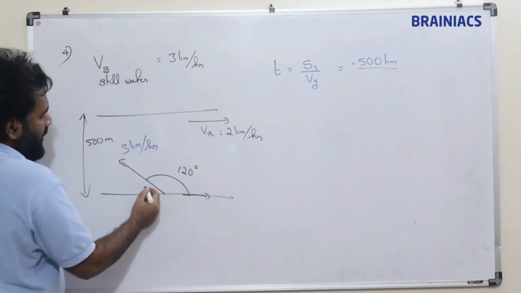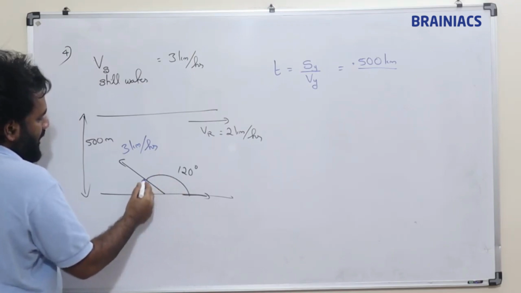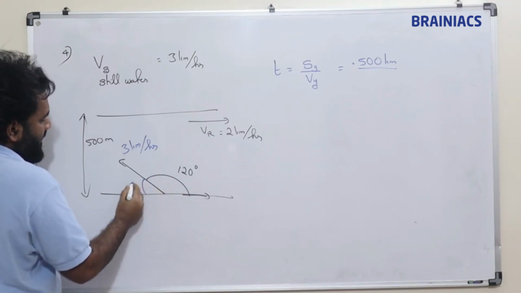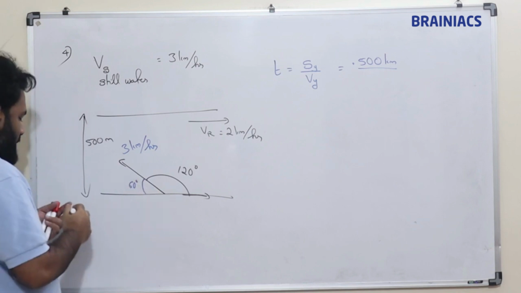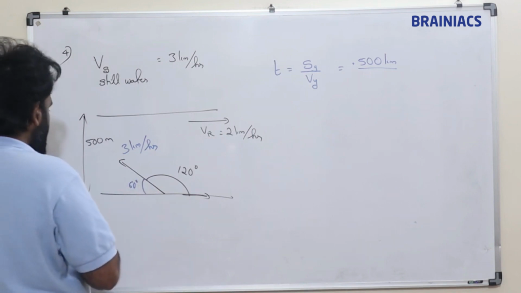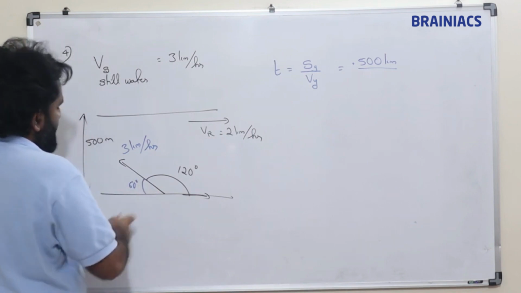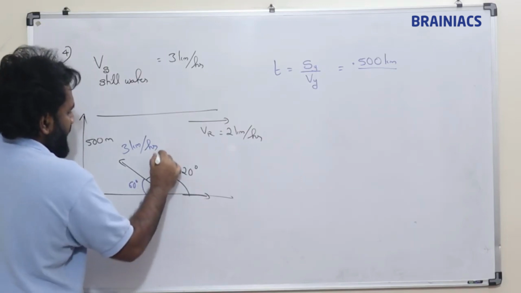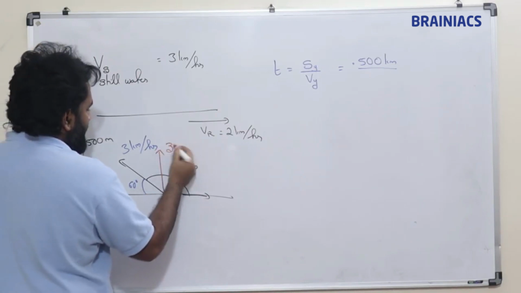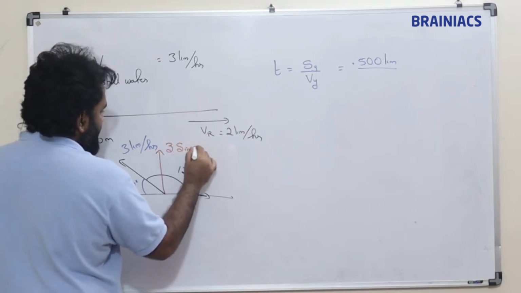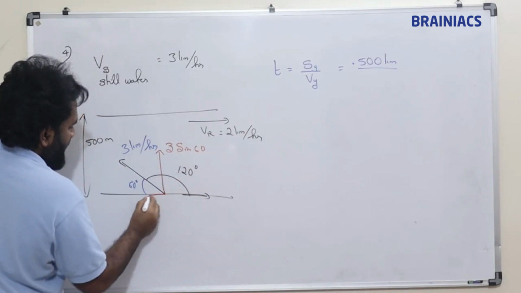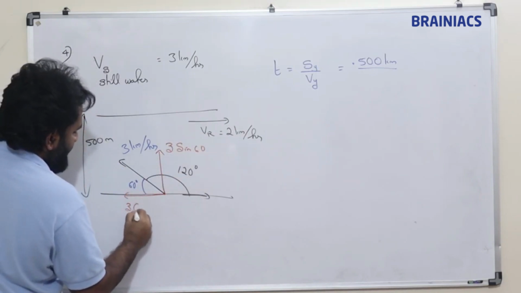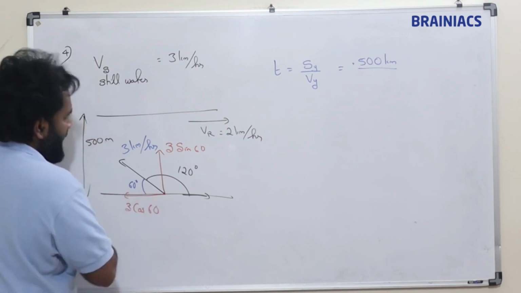So if this is 120, total is 180. So let us put this as 60 degrees, so it will be easy for us to resolve and solve. So this is 3 sine 60 and this is going to be 3 cos 60.